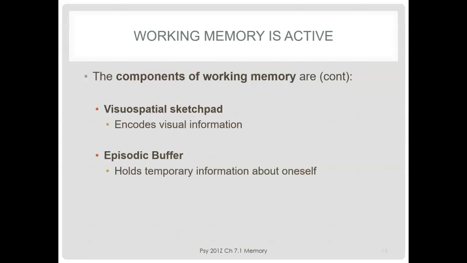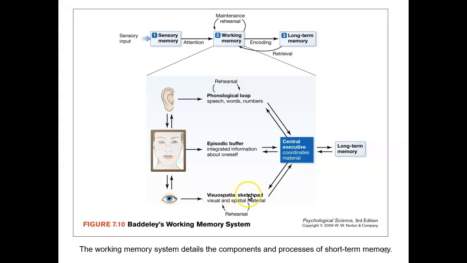Okay, so here you've got the visuospatial sketchpad and the episodic buffer. When you can tie information to yourself in working memory, that information becomes a retrieval cue. It helps you retrieve that memory.